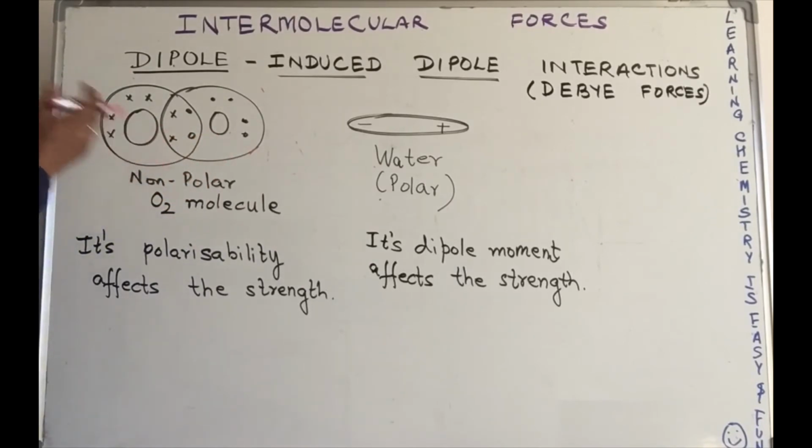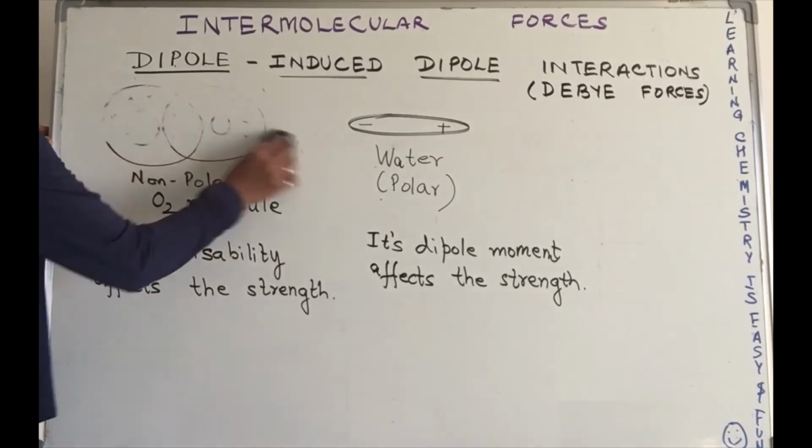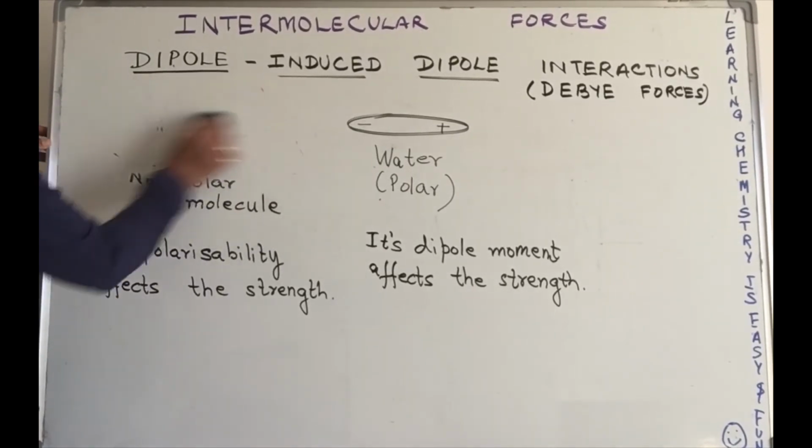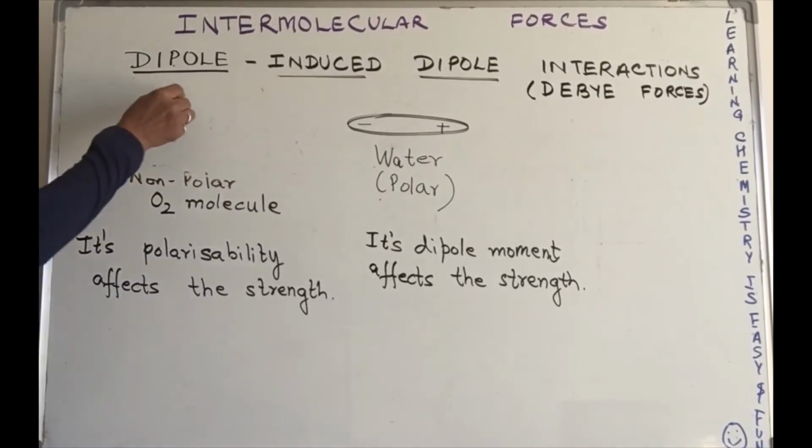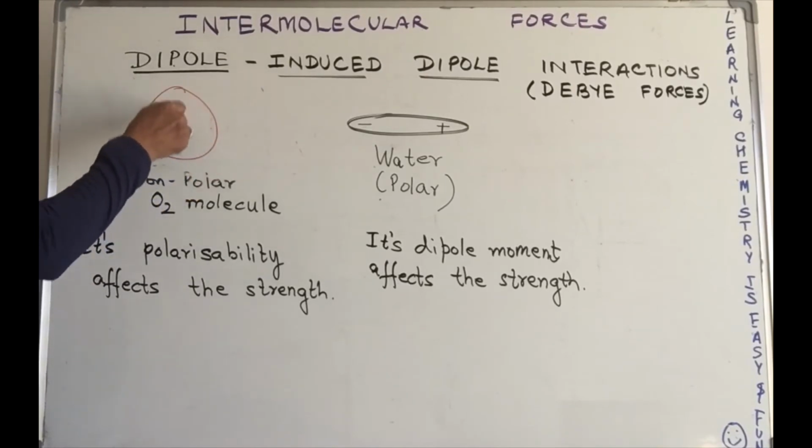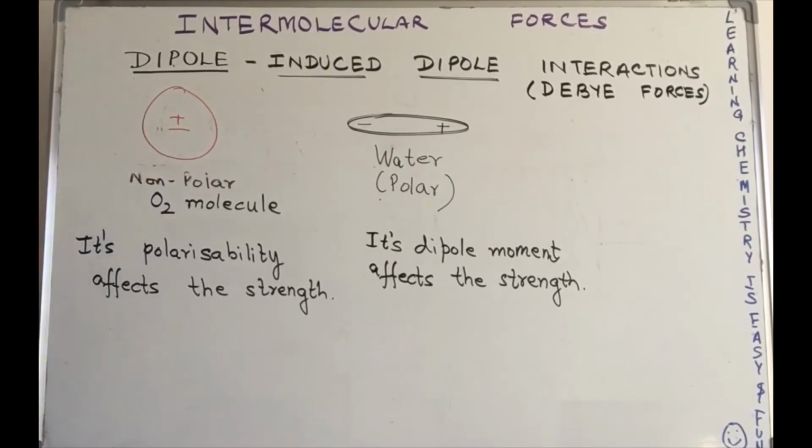So just imagine the oxygen molecule that I have drawn over here, a non-polar oxygen molecule. Let me represent it simply by a circle wherein the positive and the negative are living in harmony with each other.